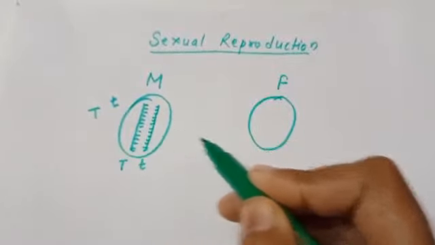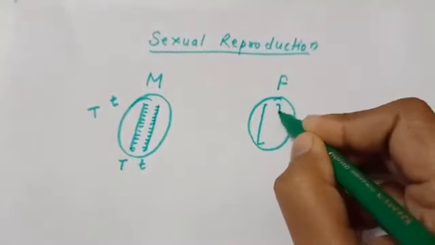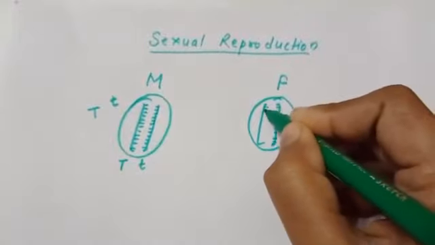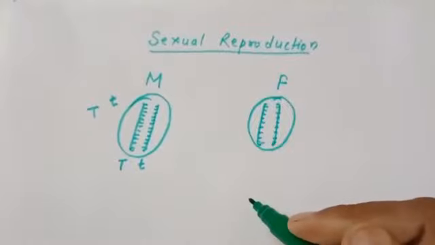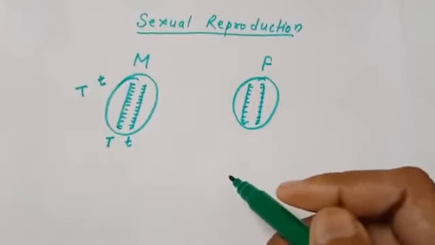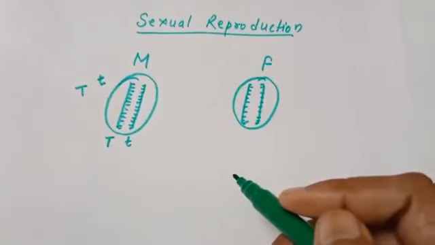The similar thing happens in the female, which also has the same set as a pair of 23 chromosomes. So, one human being can have only 23 pairs of chromosomes, that means in total 46, and that too in pairs.